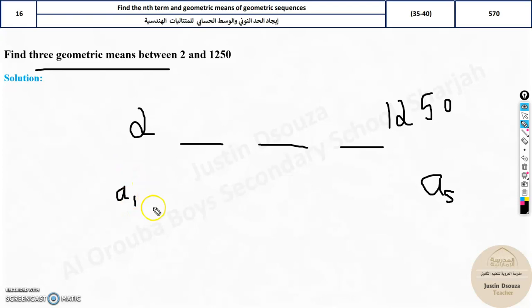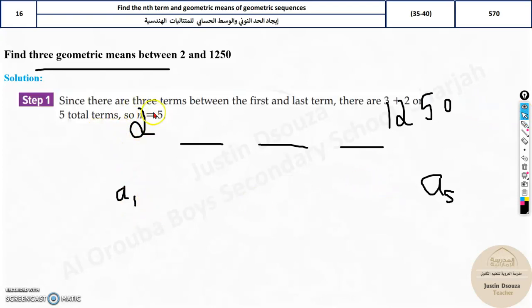It is very simple. You can use the nth term formula. So n is equal to 5, because 1, 2, 3, 4, 5. Or you can also do it this way: this is the first and the last term that is given to us, and they have told us three more terms need to be solved. So n is 5.